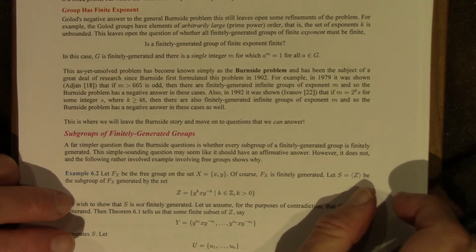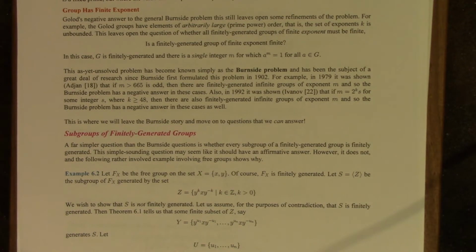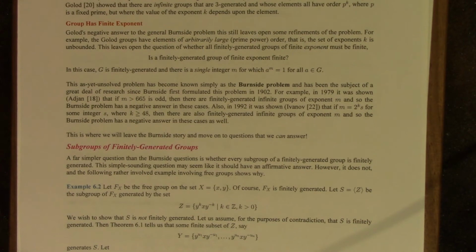The negative answer we get from Golod's result still leaves open some other questions, some refinements. For example, Golod's groups have elements of arbitrarily large order. In other words, while the prime p is fixed, the exponents k are unbounded. There are arbitrarily large exponents k, and so there are elements of arbitrarily large order.